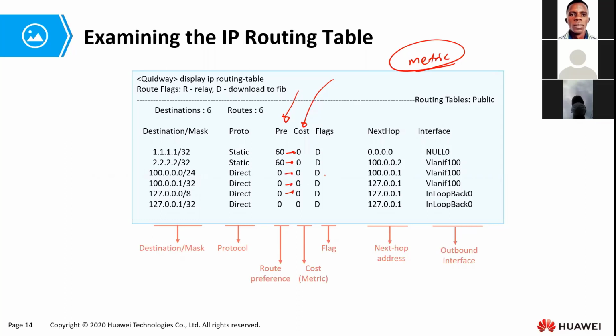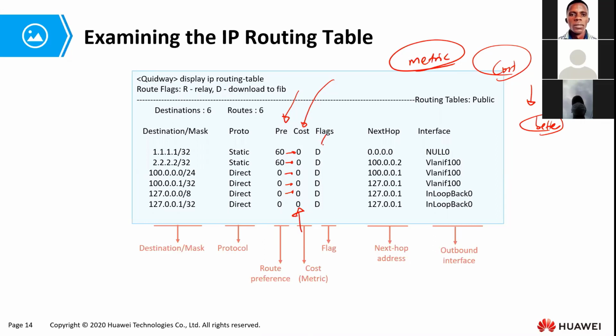Think of it as a distance measure. Preferably, I like to think of it as a cost, an actual cost. So the lower the cost, the better the what? The route. How much do you pay to reach that destination? Are we together? Yes. Now for different protocols, they consider different things to determine the cost.